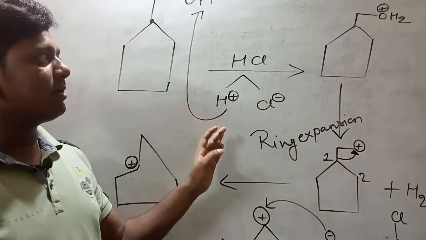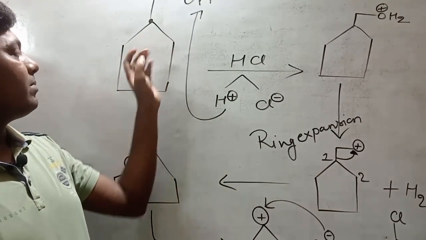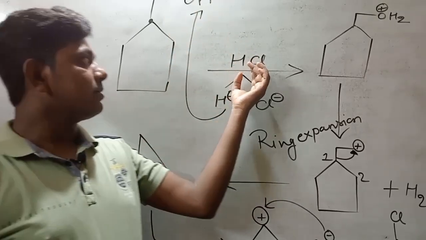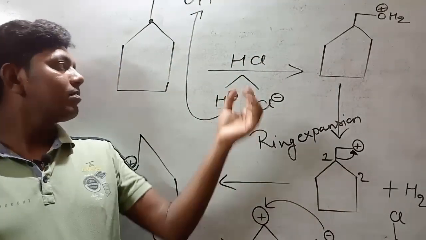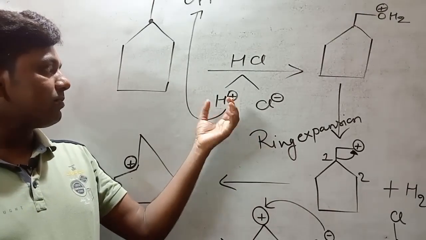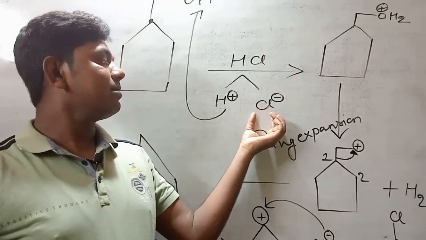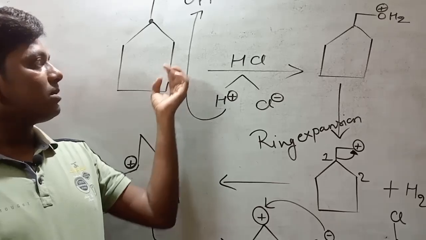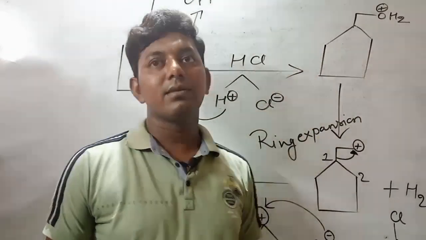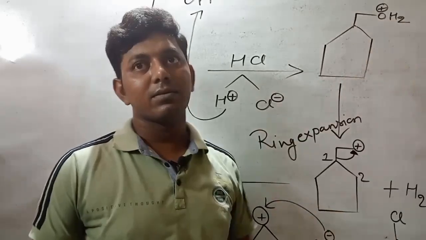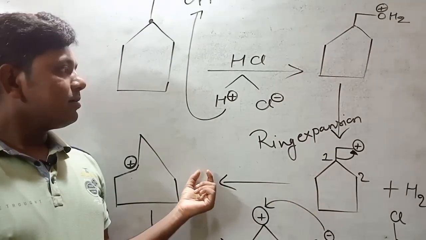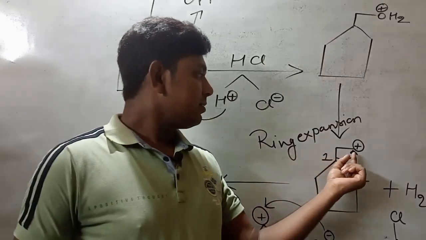So what is the possibility here? The OH group reacts with the HCl molecule after the fission into H plus and Cl minus. H plus protonates the OH, so one extra hydrogen is added on the oxygen atom, forming OH2.